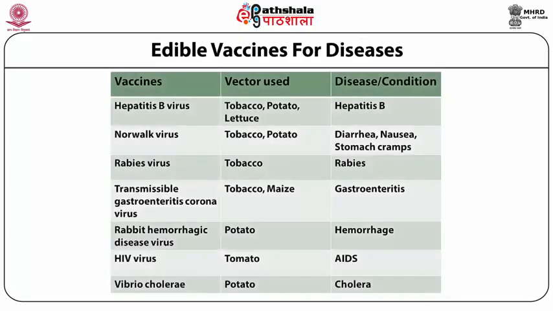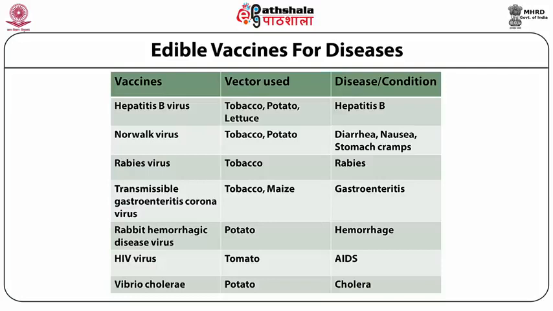There are some examples of edible vaccines for disease shown in this table. For example, vaccines against hepatitis B virus, Norwalk virus, rabies virus, and vaccines against gastroenteritis, hemorrhagic fever, AIDS, and cholera.